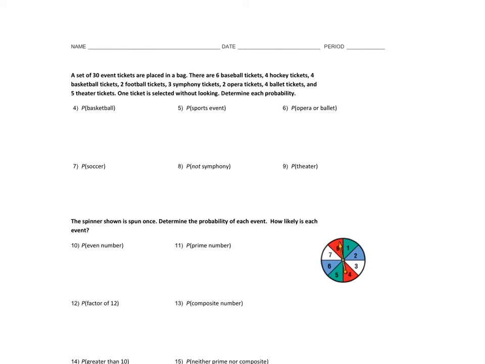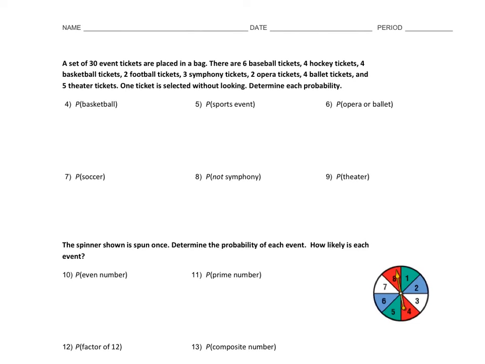Okay, look at the next one. A set of 30 tickets are placed in the bag. There are 6 baseball tickets, 4 hockey tickets, 4 basketball tickets, 2 football tickets, 3 symphony tickets, 2 opera tickets, 4 ballet, and 5 theater. 1 ticket is selected without looking. Determine each probability.